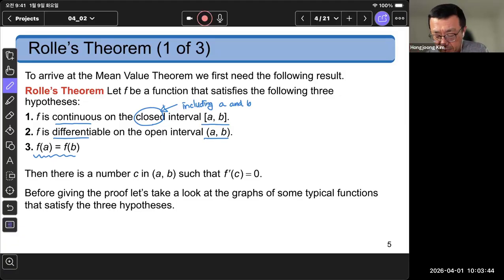In that case, there will be some number C in (A, B). So this C is some point inside the interval, and we call such a point an interior point, such that f prime at C equals 0. So what does that mean? The tangent line is horizontal.